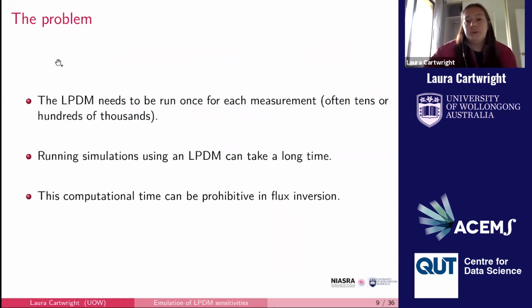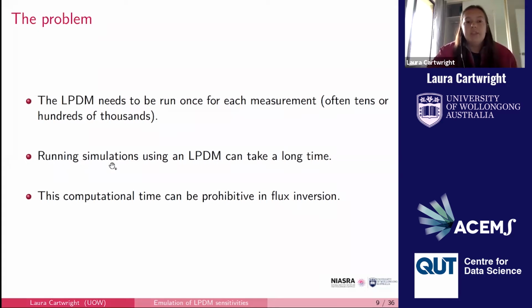So when you're doing a flux inversion, particularly over a large area or a large time scale, or you want high resolution, you need to run that Lagrangian particle model for every single real measurement that you take. This is often tens or hundreds of thousands, huge numbers.